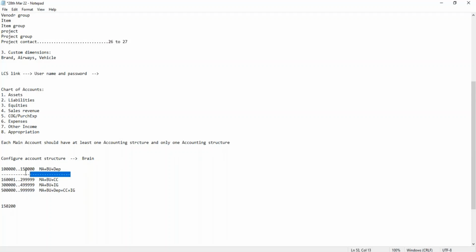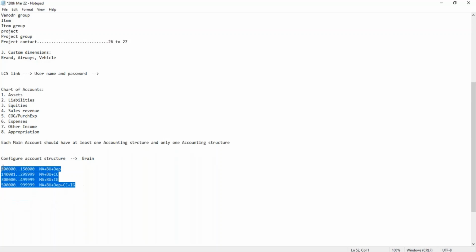Now, as I told you, 150200 is missing intentionally. Then the system will tell you that, even though it is available in the chart of accounts, in the main accounts, it does not exist. The message says it does not exist because it was not loaded in the system brain. This is the account structure. Suppose I am creating structures like this.